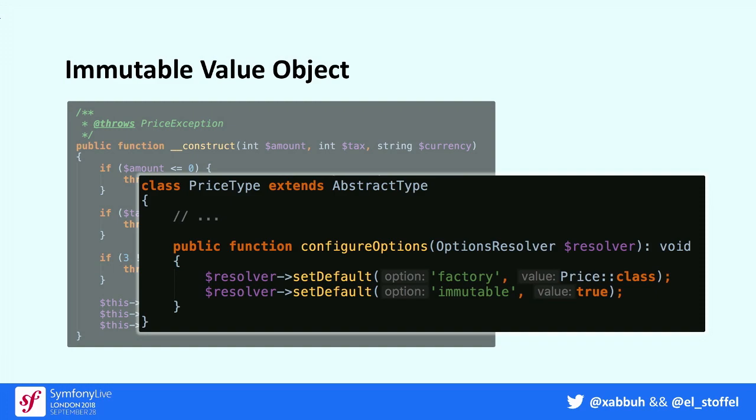So we thought about a new option which we call immutable, which just indicates that the underlying data cannot be changed. Every time data is submitted here, a new instance of the underlying class must be created just using the factory that we specified here. So the combination of these two options makes it possible to use value objects at this stage.